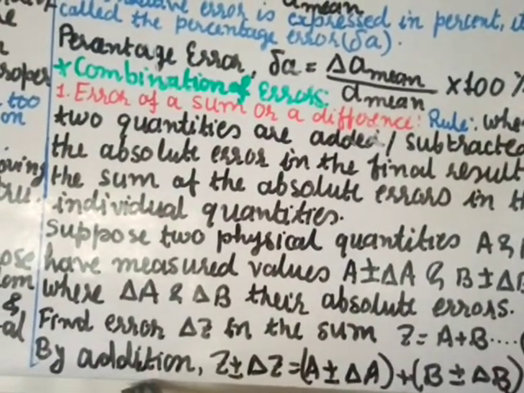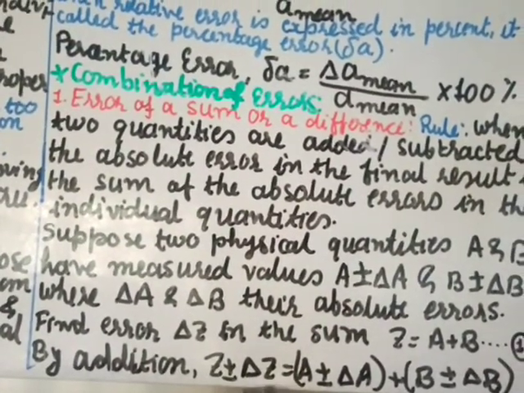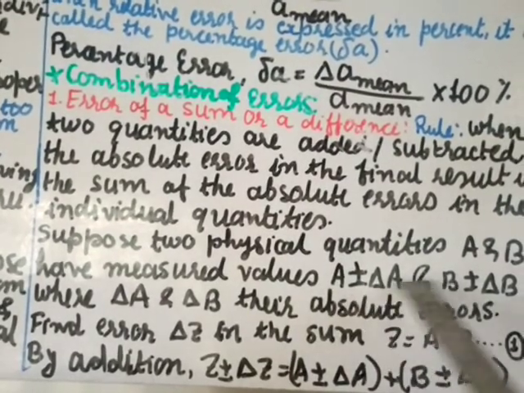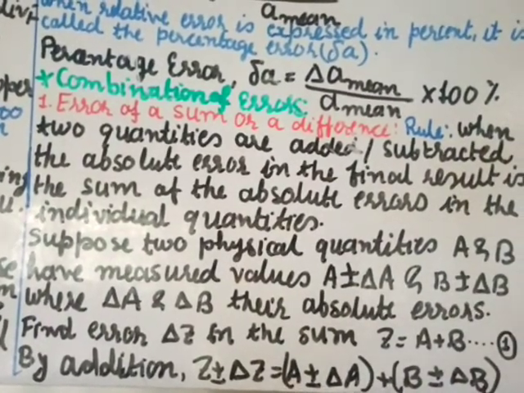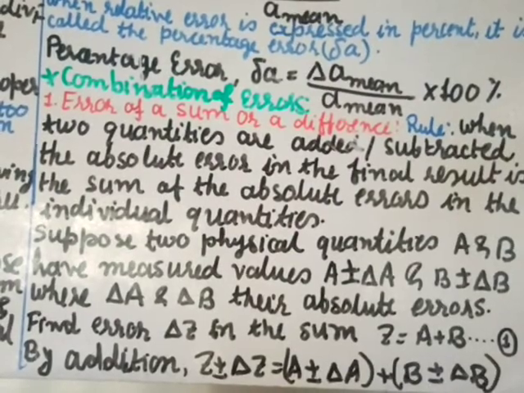By addition, we add: Z plus or minus delta Z equals the addition of the measured values, A plus or minus delta A plus B plus or minus delta B. We'll rearrange.